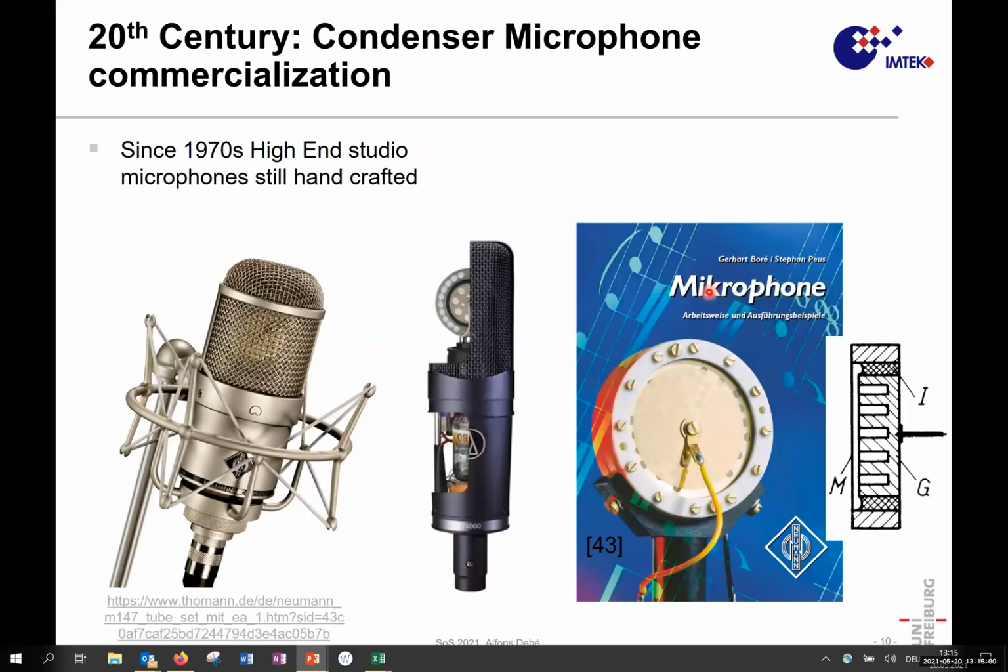Okay, I come to the 70s of last century, and this is something of condenser microphones that you still find today, those luxury Neumann microphones. It is 2-inch, 2.5 centimeters diameter.